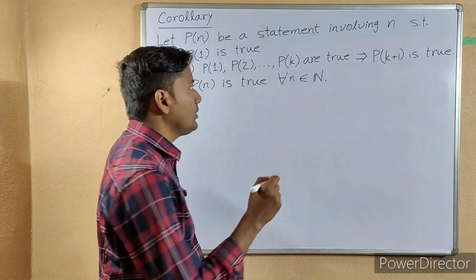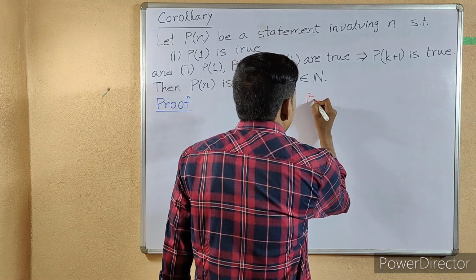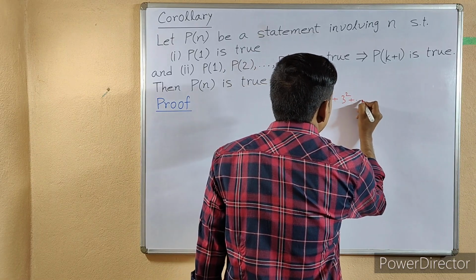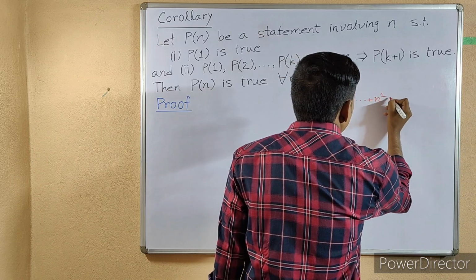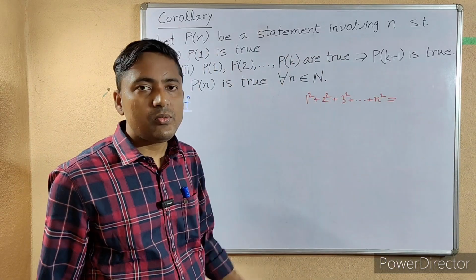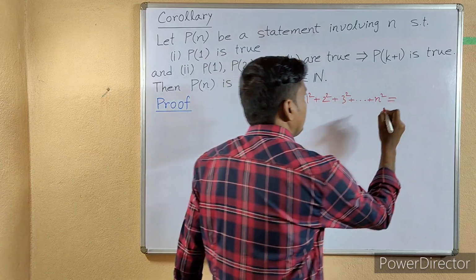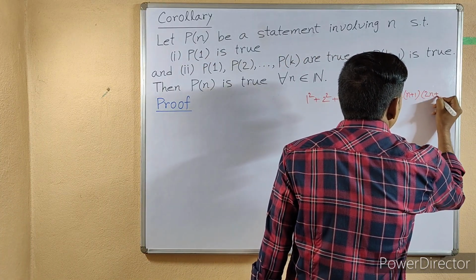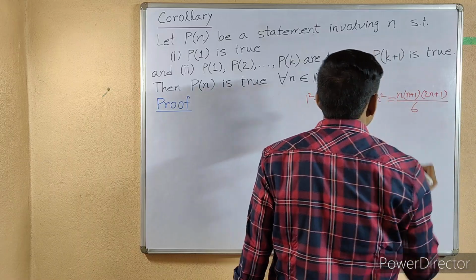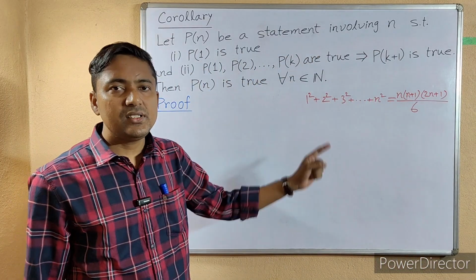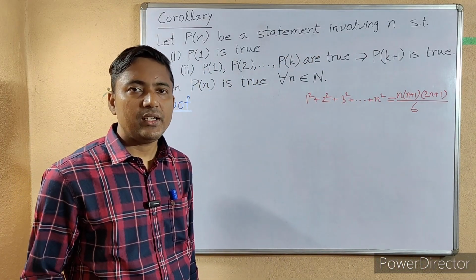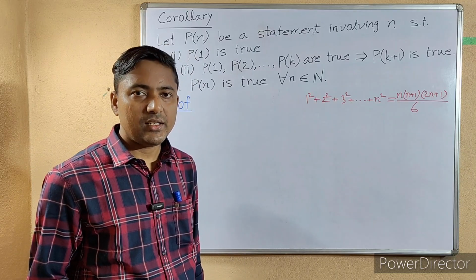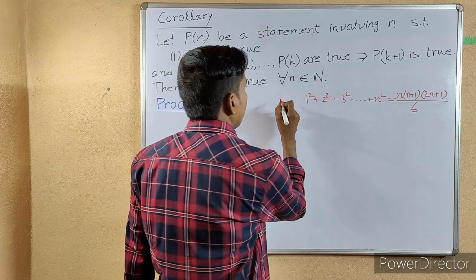We know that 1 square plus 2 square plus 3 square plus ... plus n square equals n into n plus 1 into 2n plus 1 by 6. This is a statement involving n, and this statement is true for all natural numbers n. We can call it Pn.